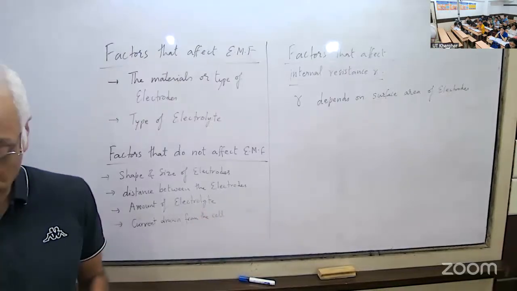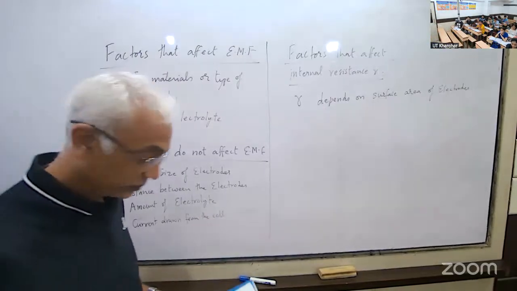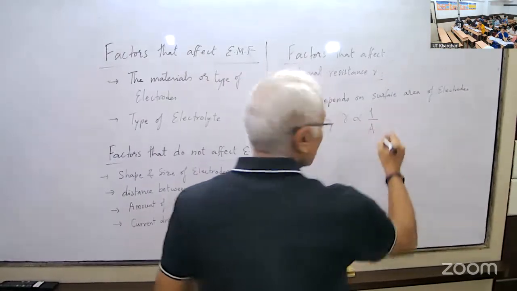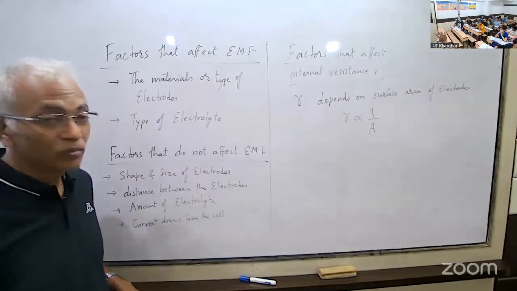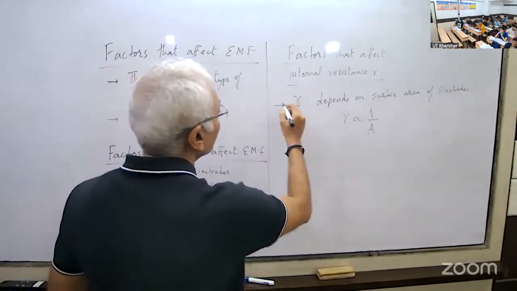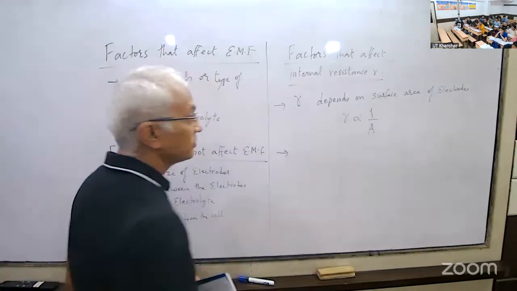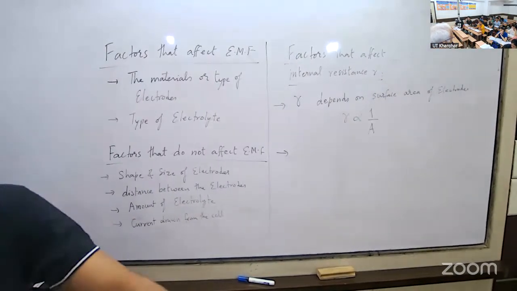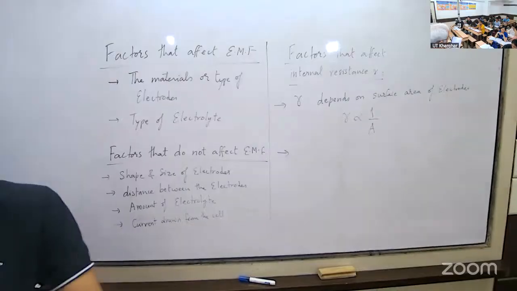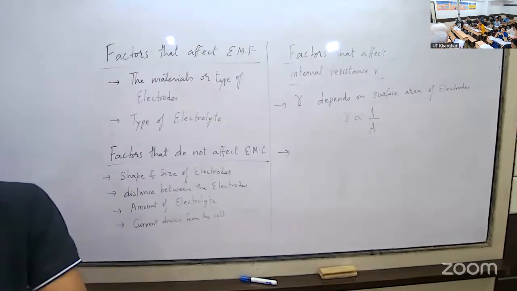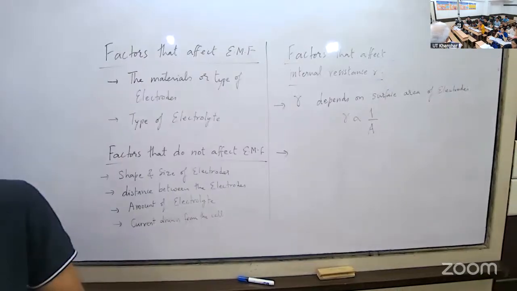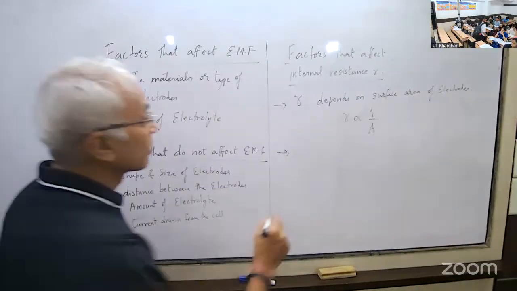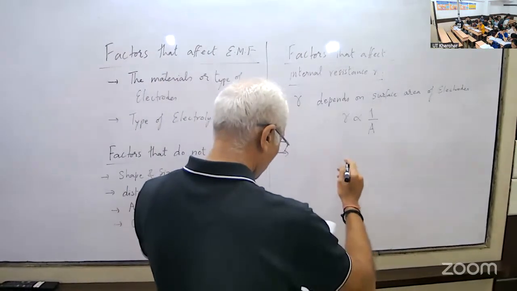So R will decrease if we increase the area. It is a similar relation, just like the big brother. Then what was the other dependency? The length. Length here is the distance between the electrodes, the length of the cell. That means the electrolyte is spread. So the distance between the electrodes is the length here. So what happens?